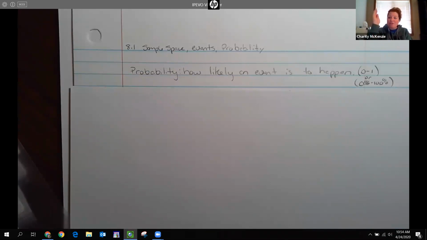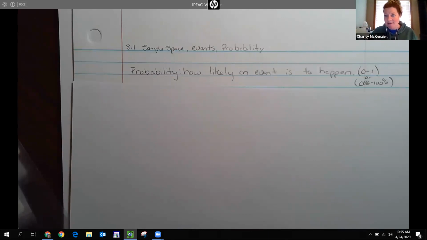So the numbers go from 0 to 1, and in percent form, they go from 0 to 100%, which you should know, 0.8 is 80%. Those are the same thing, just in different forms. If I say it's 80% likely that it's going to rain today, it's pretty likely.